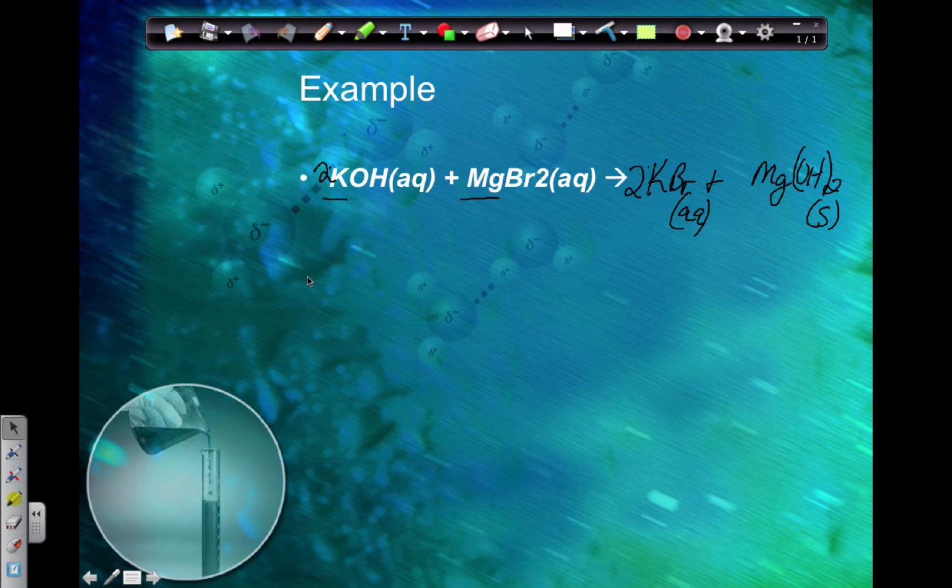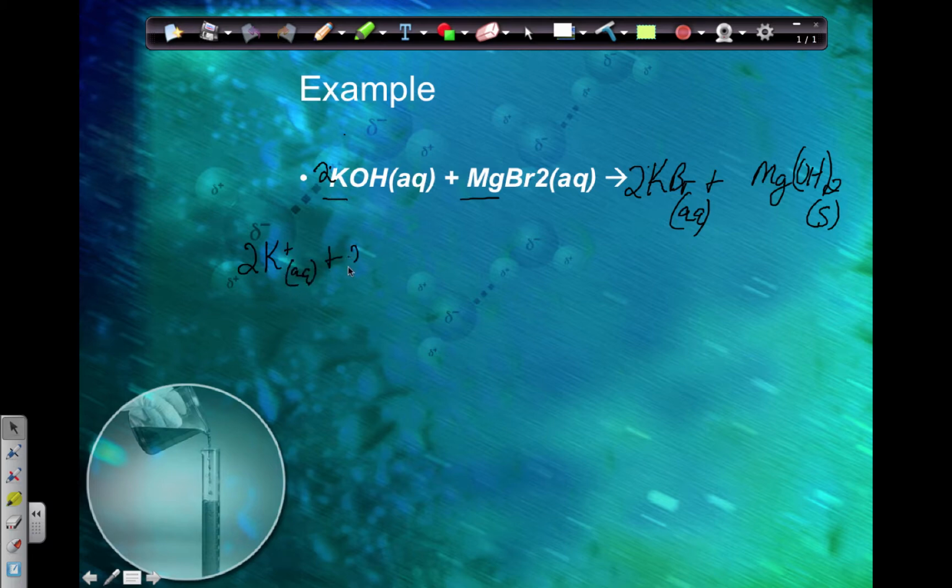So now to make the net ionic reaction, I'm going to break apart all the things that are aqueous. And you're going to make sure it's balanced as you do this. Okay, so that's why it's important to balance first. Aqueous, we're going to break it up. It's going to break apart into potassium ions and hydroxide. So there's 2 potassiums.